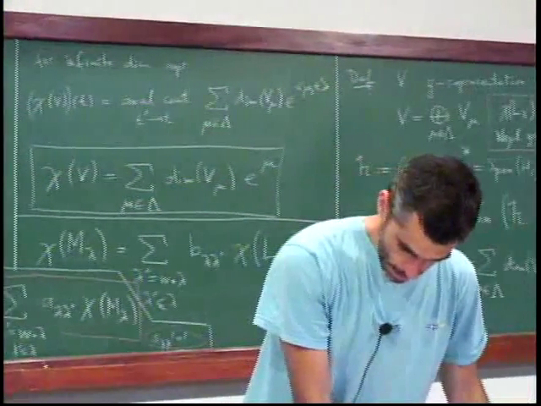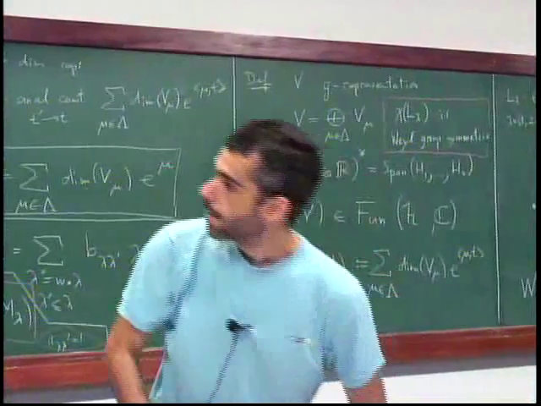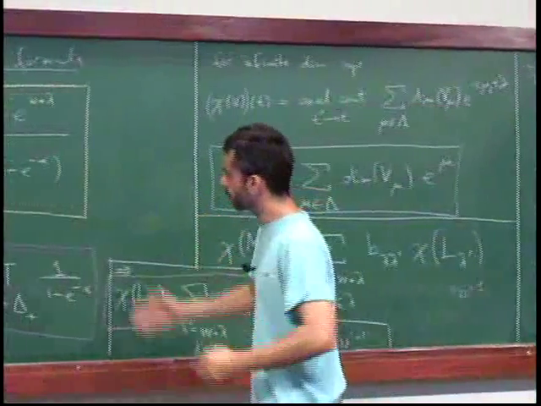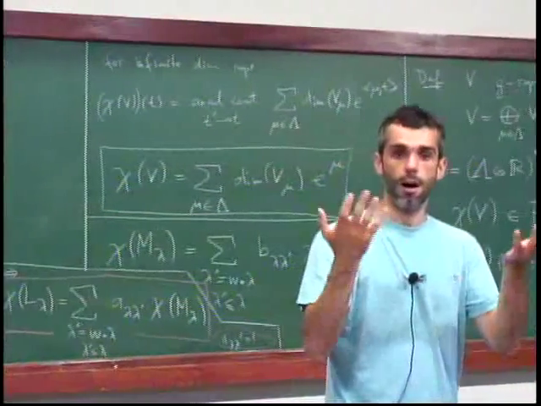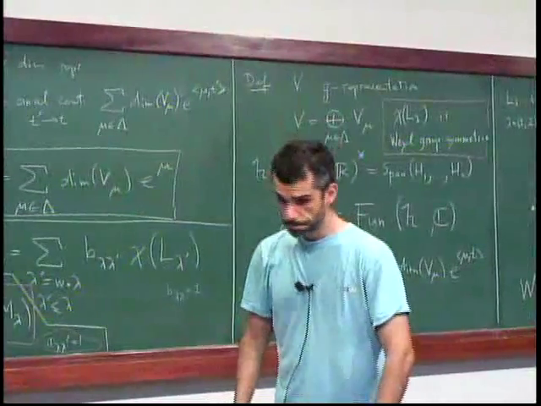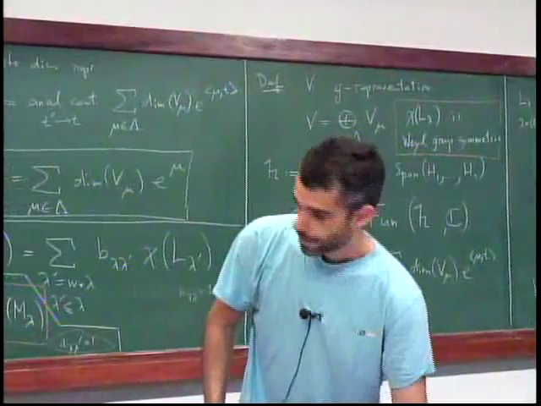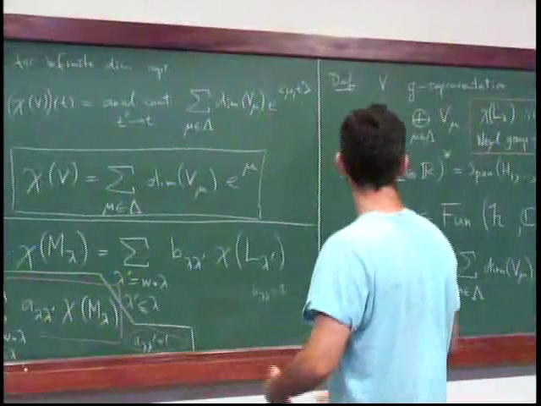Okay. So now I want to go on to quantum groups. This was essentially all I needed from the representation theory of finite dimensional Lie algebras. Let me resume what we've seen.